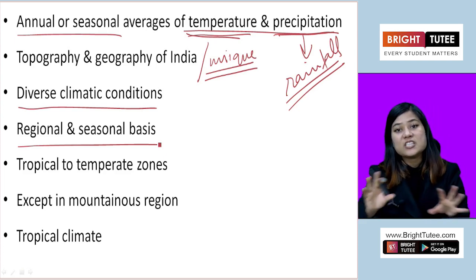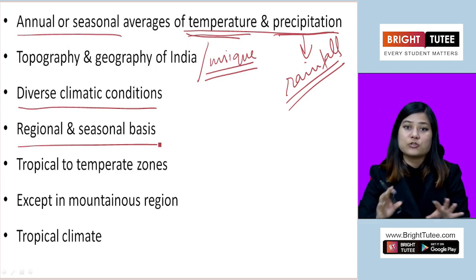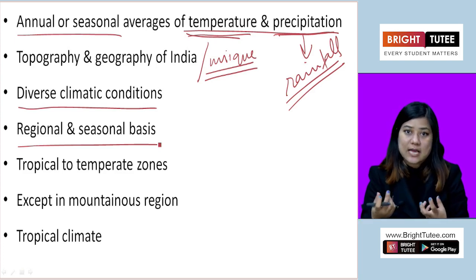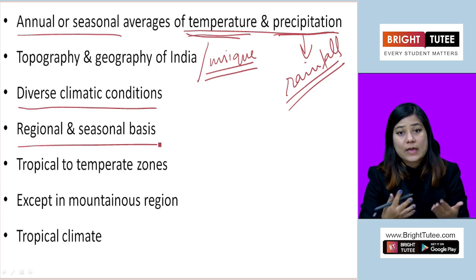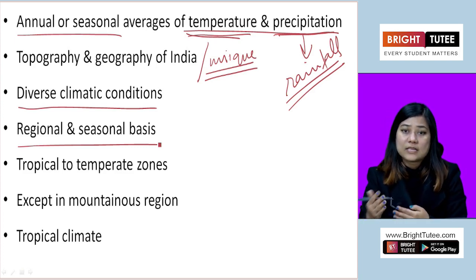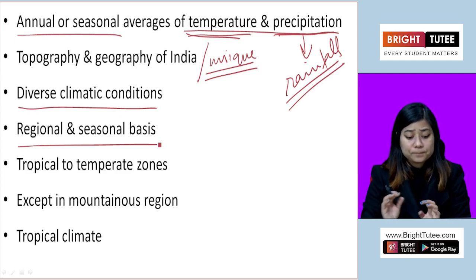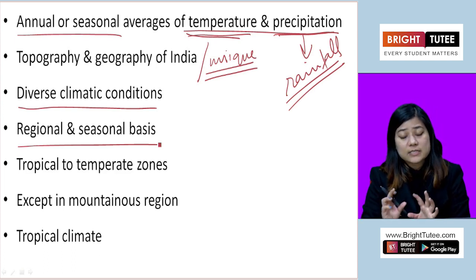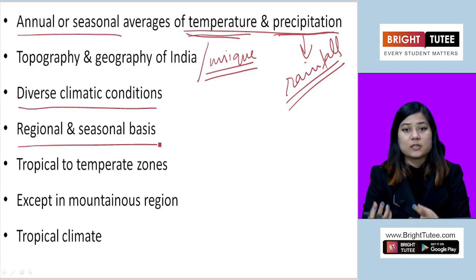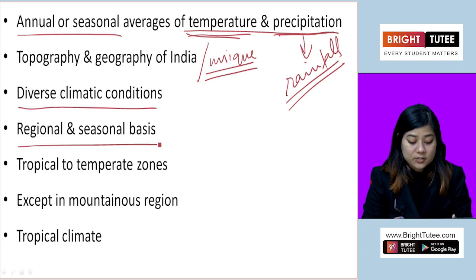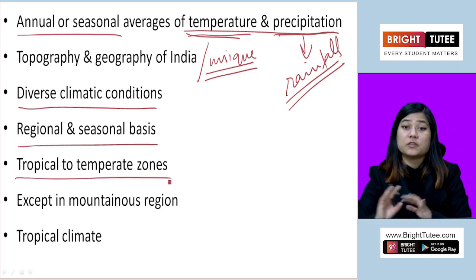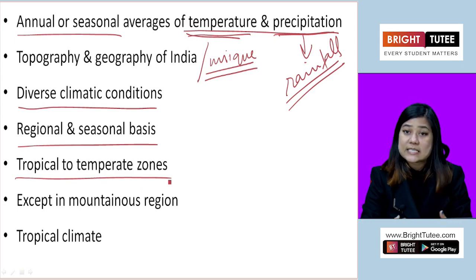All these different regions also have different climatic conditions, and on the basis of seasons as well. Autumn, we have many seasons which we'll look at in the later part of the class. So because of the seasons and regions, which are diverse, the climatic conditions also become diverse. So we have tropical to temperate zones.